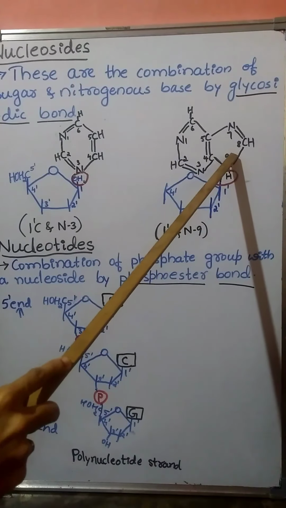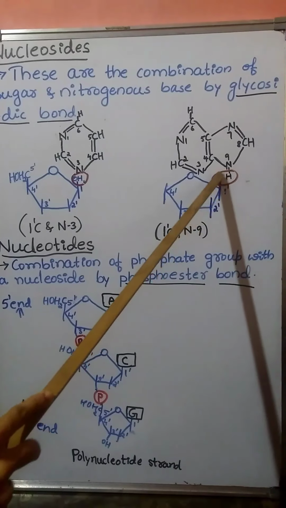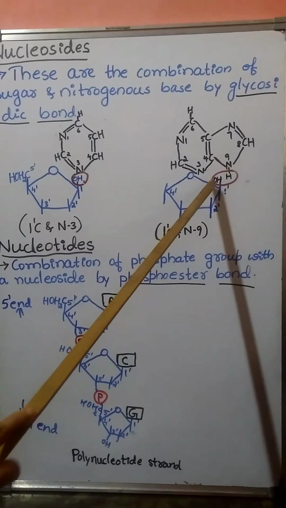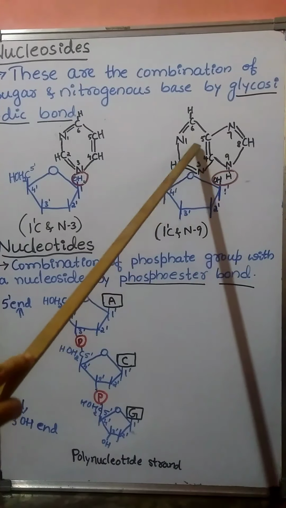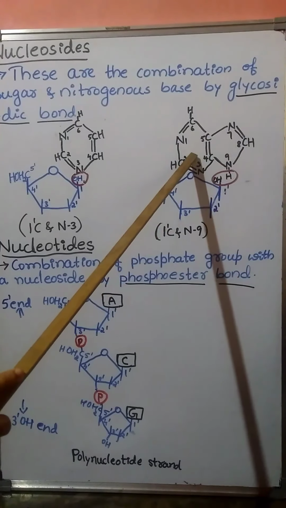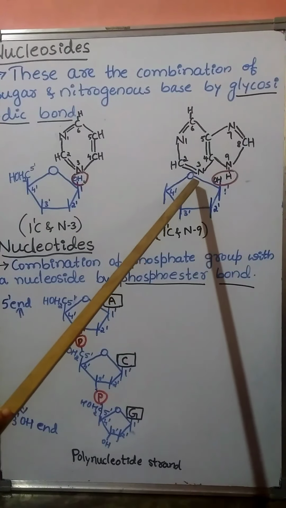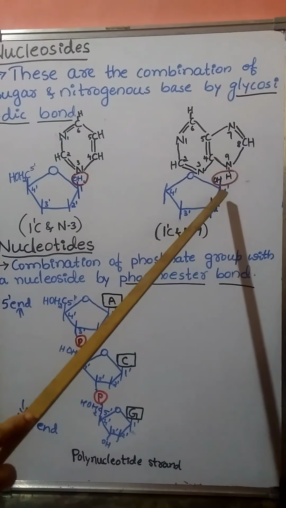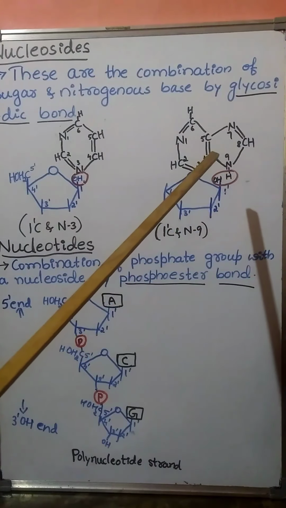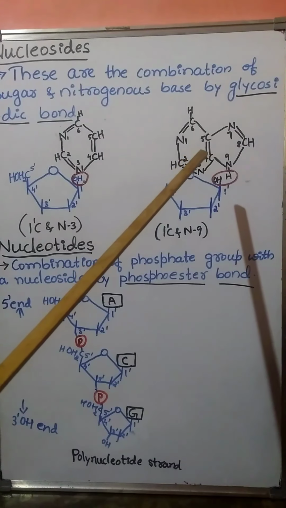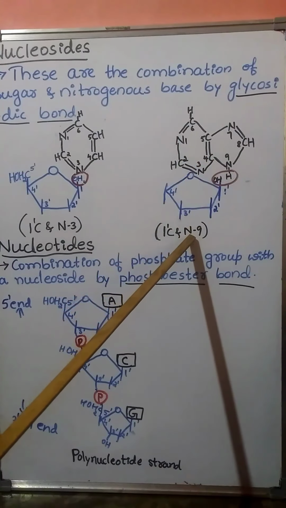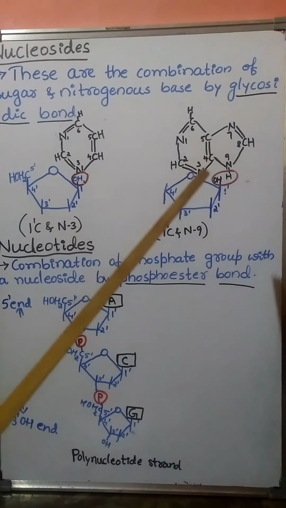Purines like adenine and guanine attach to the deoxyribose sugar by forming a glycosidic bond between the 1' carbon and N9 of the purine.